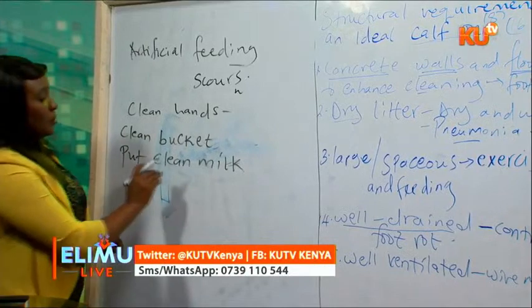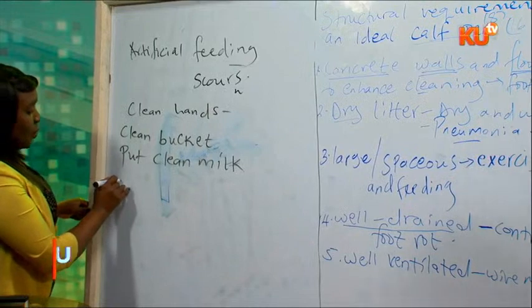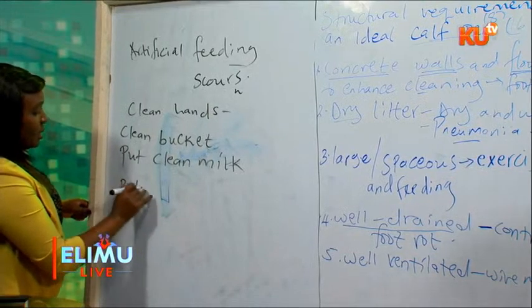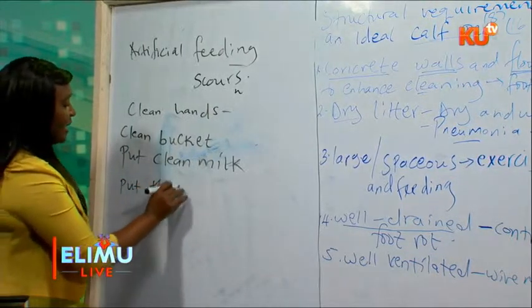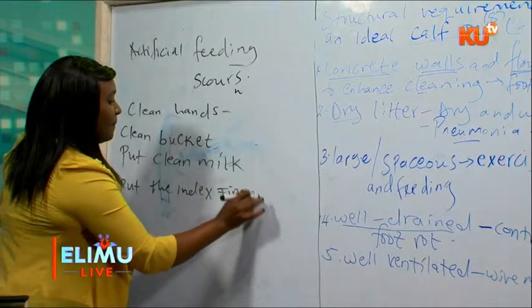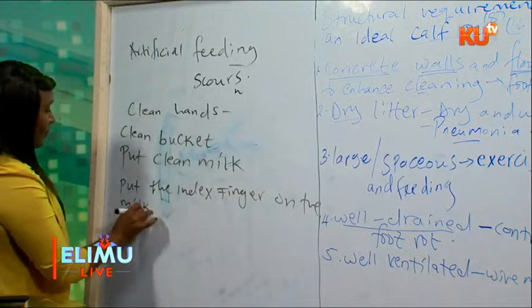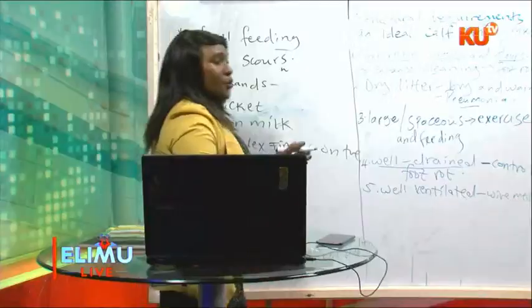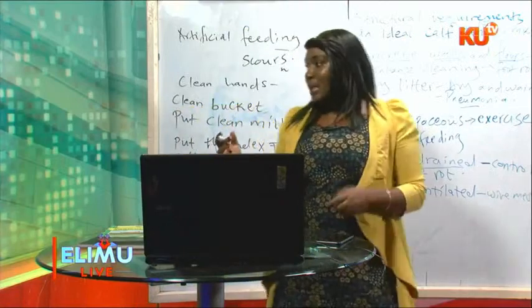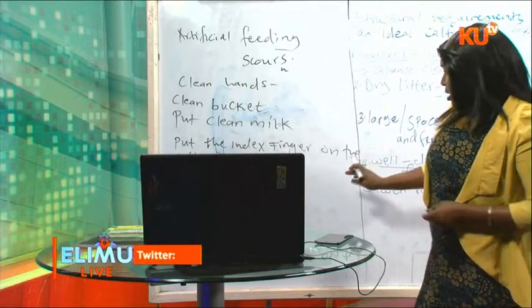Then, after you put clean milk, and the hands are clean, the next thing is you put the index finger on the milk. Then you entice the calf, or you bring the calf so that you can make it drink.